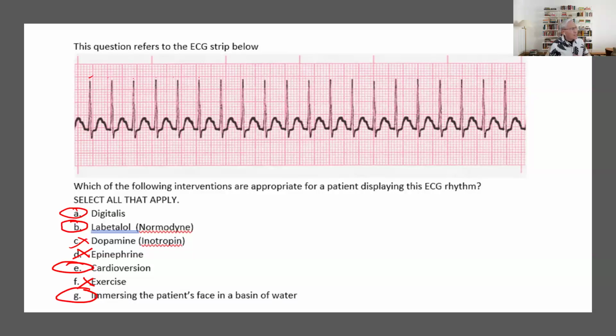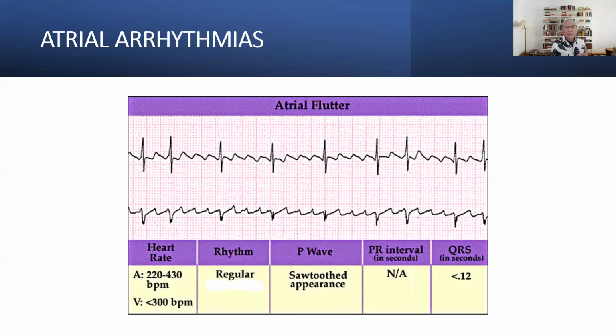Okay. So let's now go to a special arrhythmia known as atrial flutter. Now, if you see over here, it looks like there is a sawtooth. Do you know what a sawtooth is? If you are cutting wood, there might be an implement like this. That's the saw that we're talking about.